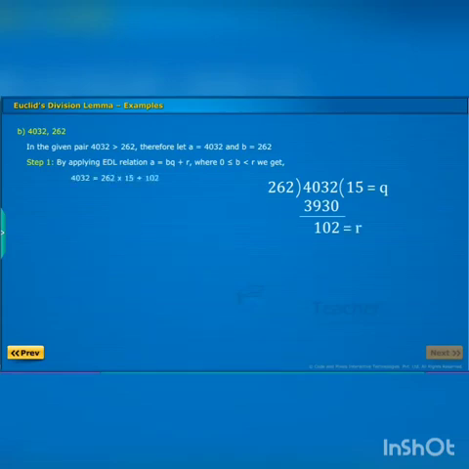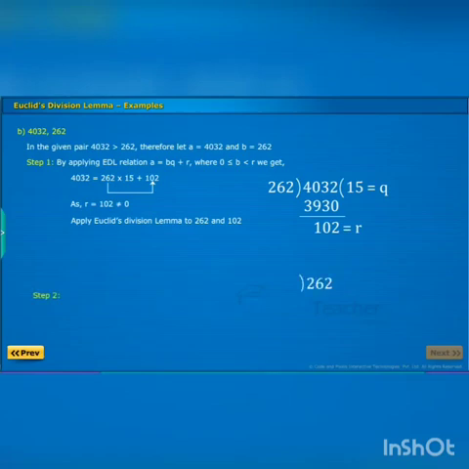So, 4032 = 262 × 15 + 102. As r equals 102, which is not equal to 0, now apply Euclid's division lemma to 262 and 102.